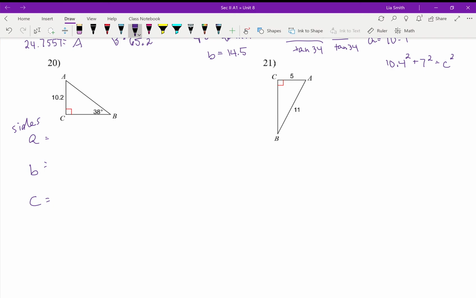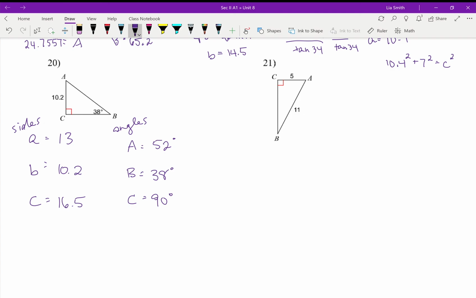So number 20, your sides are 13, 10.2, and 16.5, while your angles are 52, 38, and 90.